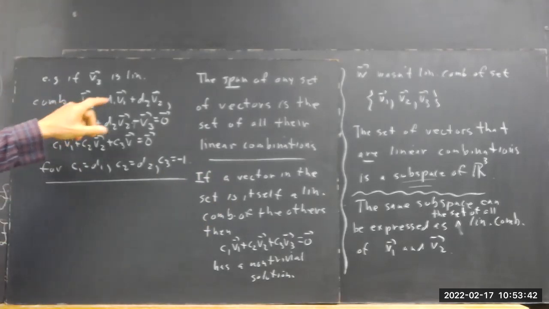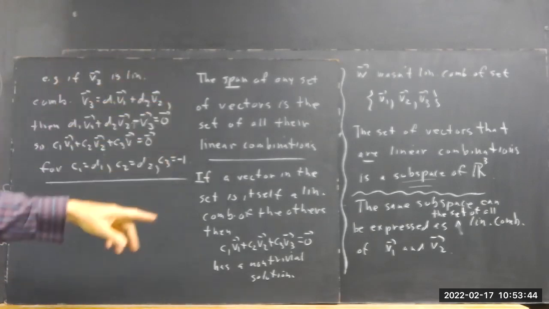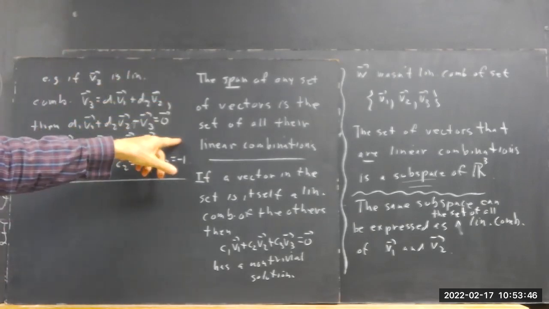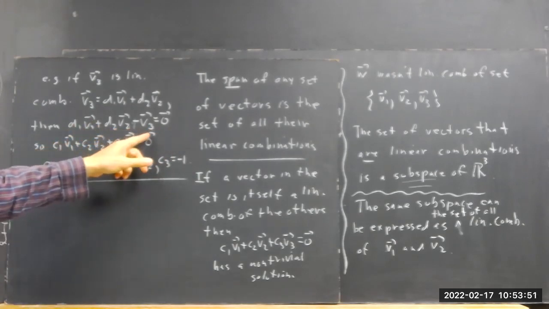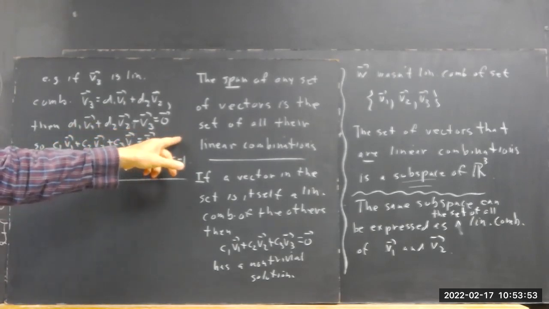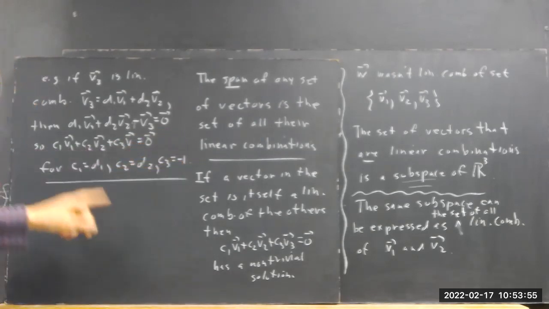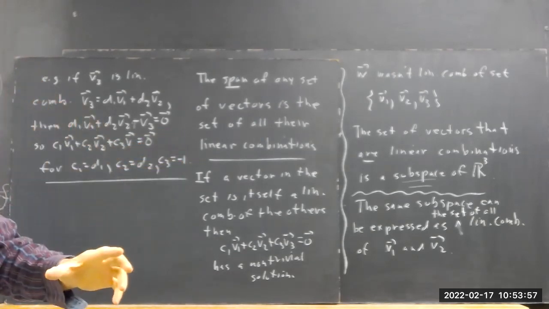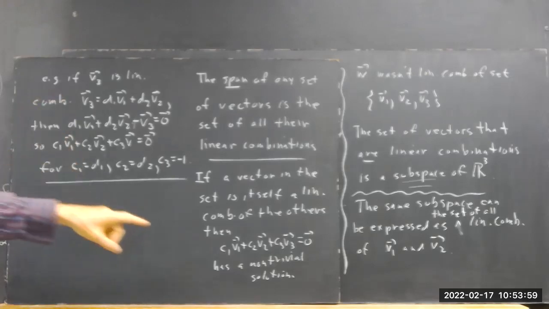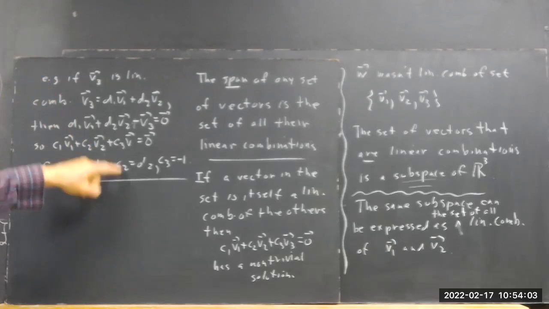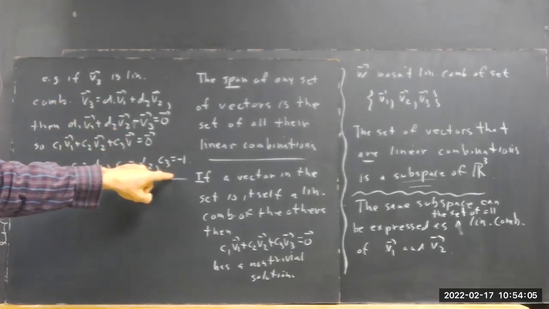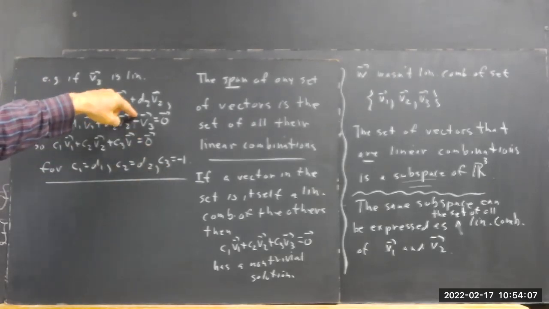Again, say B3 is this sum, well, just subtract B3 from both sides and we get this. And that's a linear combination of B1, B2, and B3 that's equal to 0. You put it in this form to make it really formal. This is satisfied if C1 equals this, C2 equals this, and C3 equals -1.